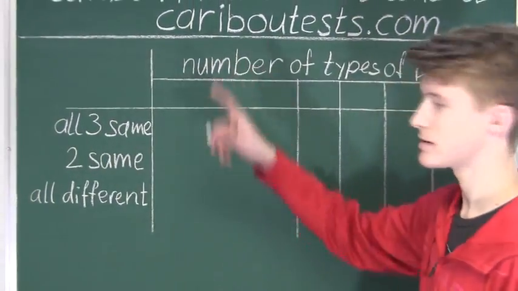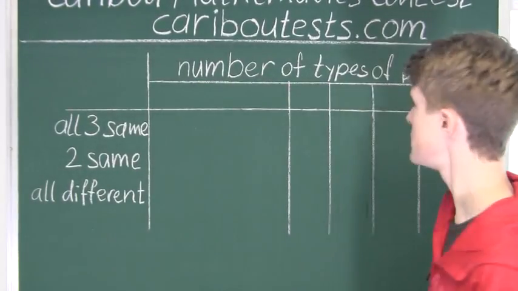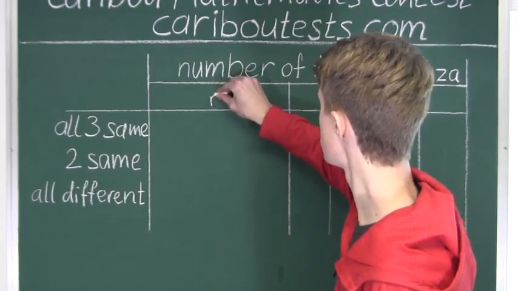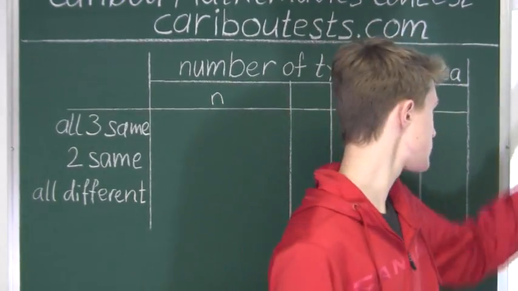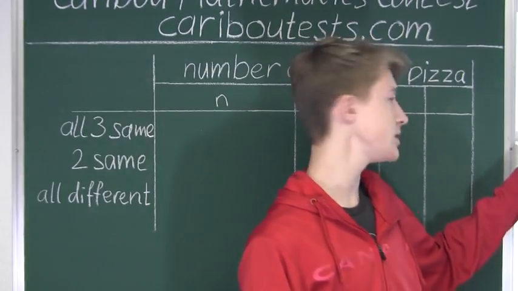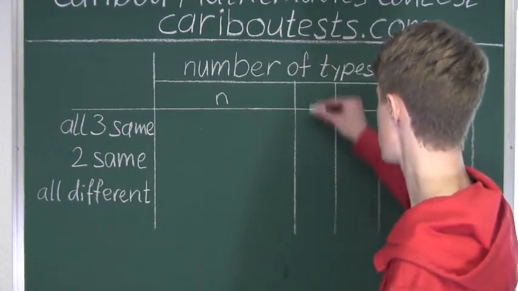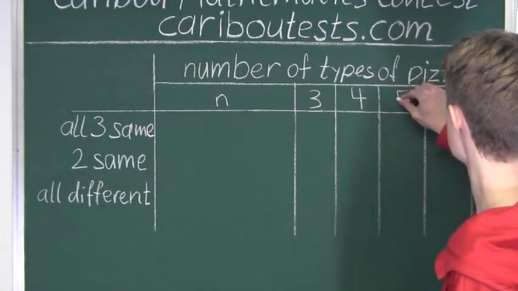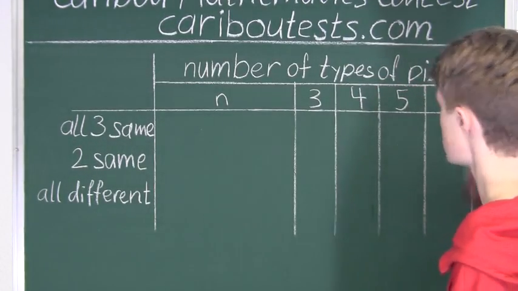So here is a table with the number of types of pizza, which we will call n. Starting from the smallest options, since we want the least number of types of pizzas, we will start with n equals 3, then 4, and then 5 and 6.